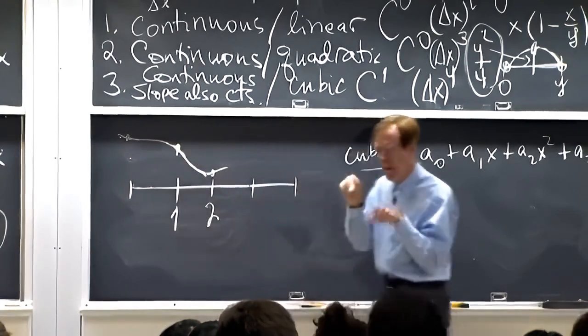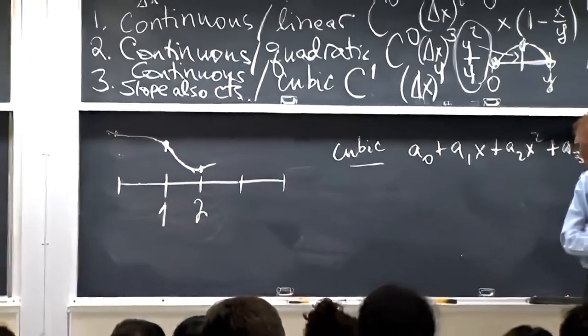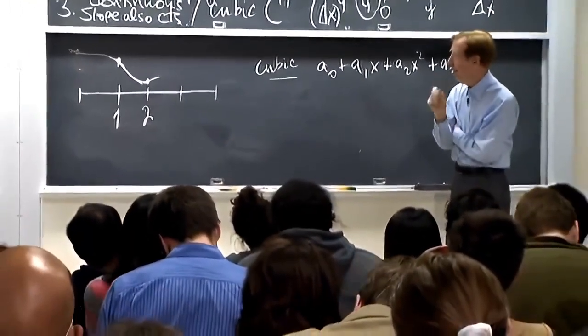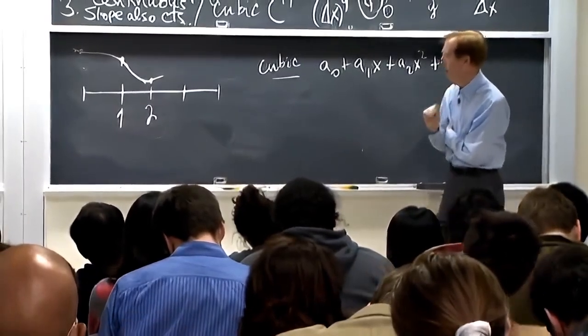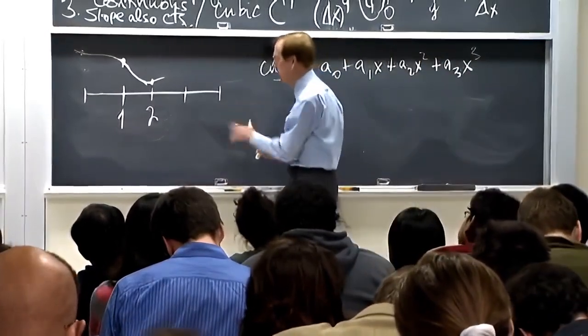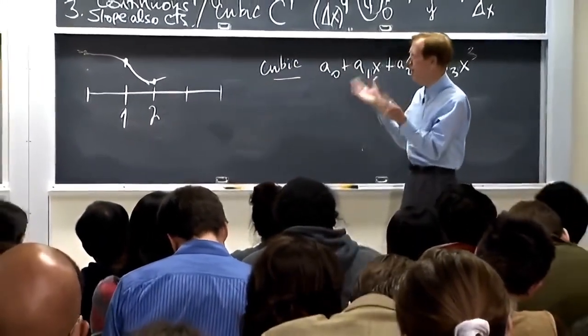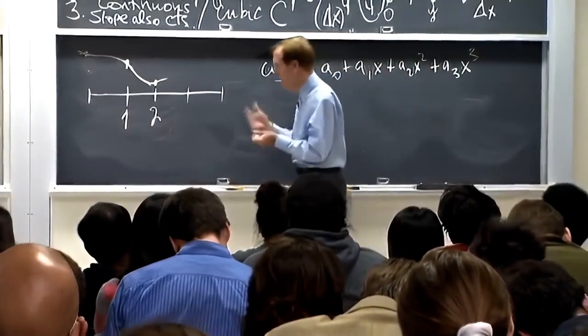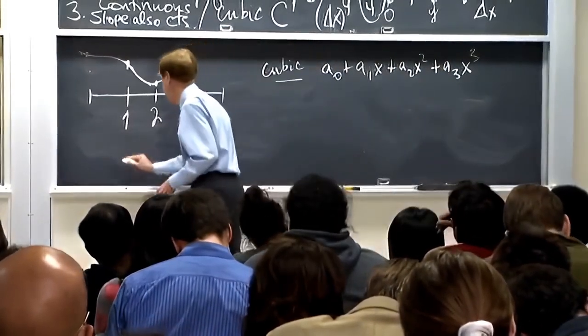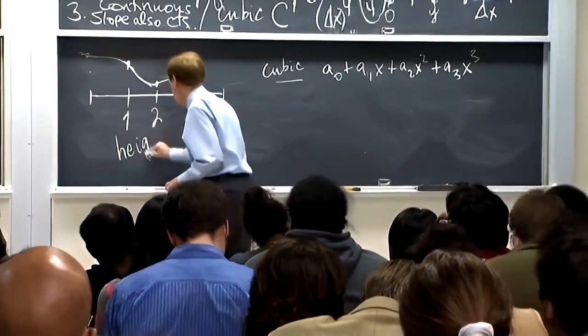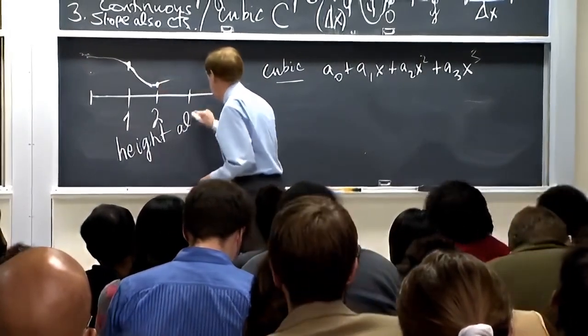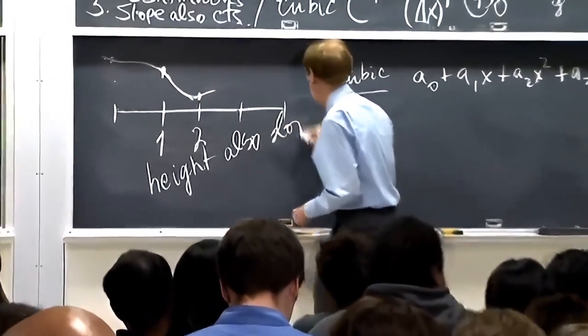The slope has become an extra unknown. Now, so I have height and slope at every point. So that's one way to describe these trial functions now. The trial functions have height and also slope at each node.